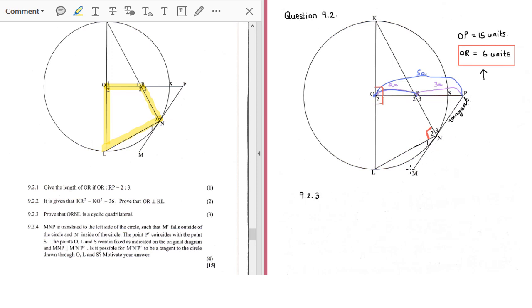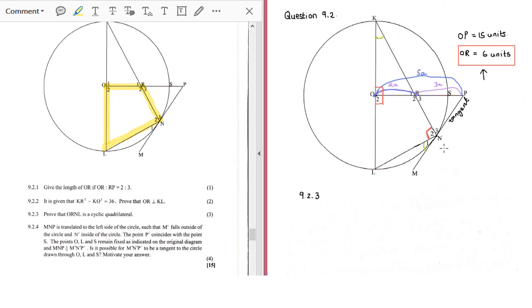Let's use the tangent. If we look for the tan-chord theorem, we can see that angle N1 is equal to angle K up here.